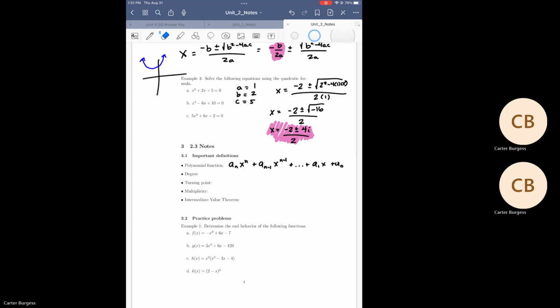Because of this, do we ever need to worry about dividing by 0? No. Dividing by 0 would be like 1 over x, which is x to the -1. We don't really need to worry about that because, again, our powers are only going to be positive. Do we ever have to worry about taking the square root of a negative?